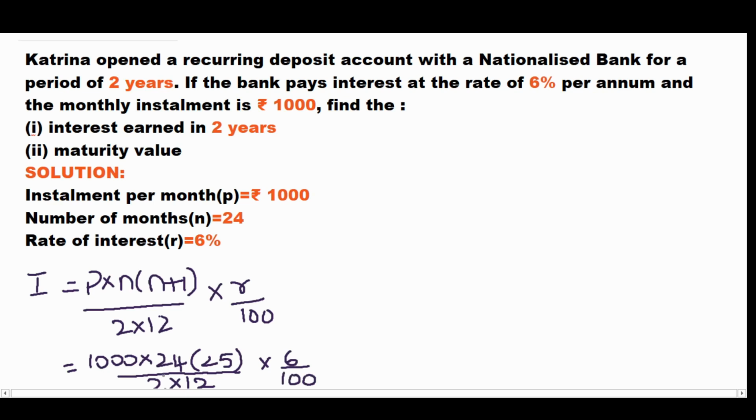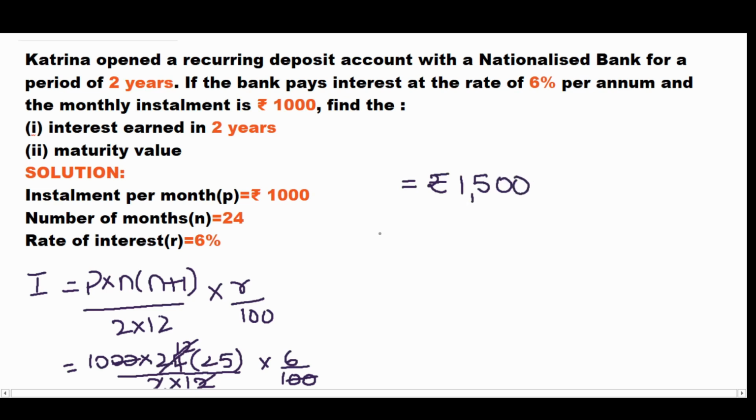The 12 and 12 get cancelled, and the 2 zeros get cancelled with the 2 zeros. So on the substitution, I'll be getting ₹1,500 as the interest.